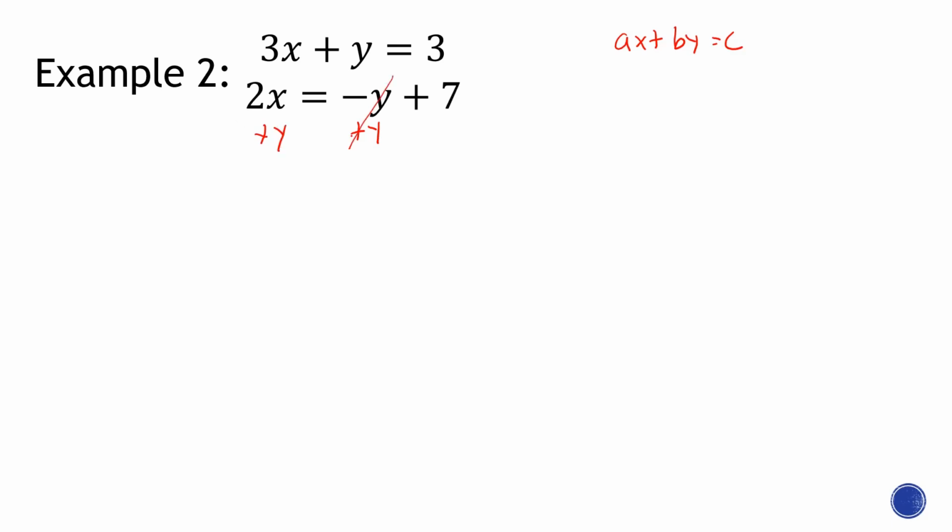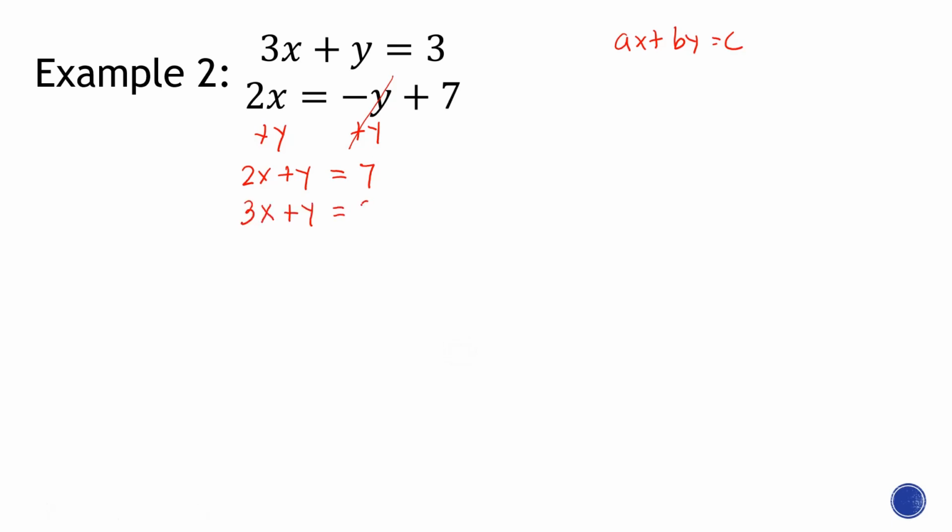So cross that out. This will be 2x plus y equals 7. That's what we want. Okay, so now the second equation is already in the form of ax plus by equals c. I'm going to rewrite the first equation here.